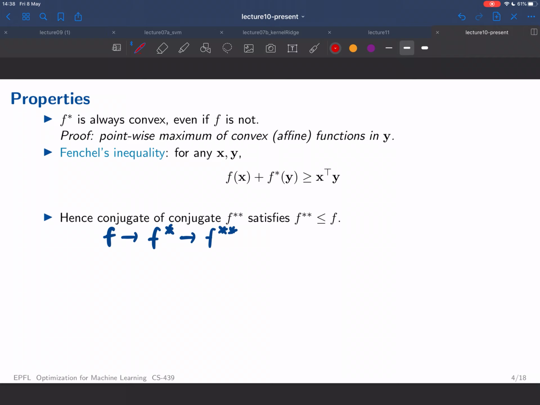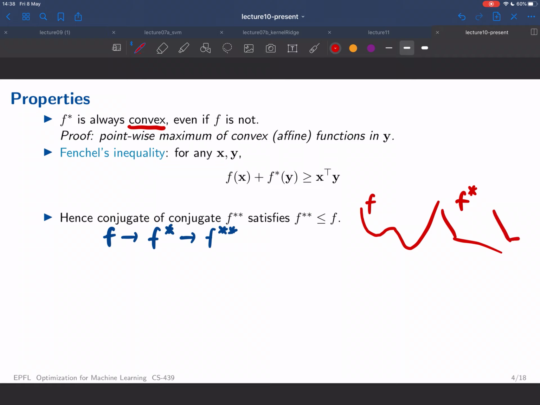Let's think that this f originally was a non-convex thing. What's interesting is that the conjugate is convex, and the conjugate of the conjugate is, of course, again convex, because we're using the first property.